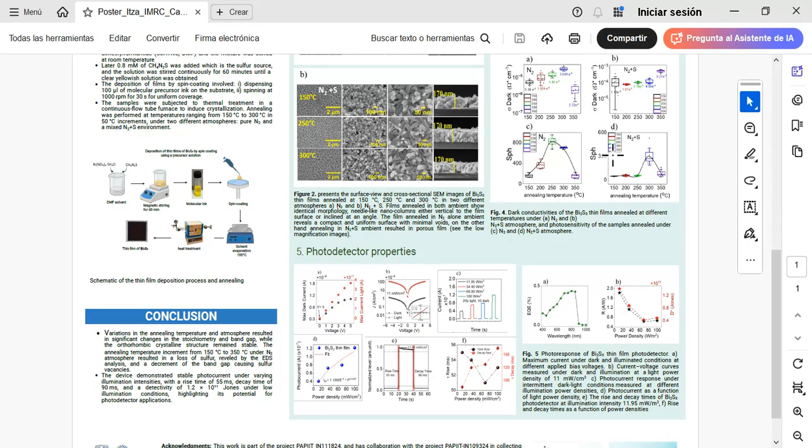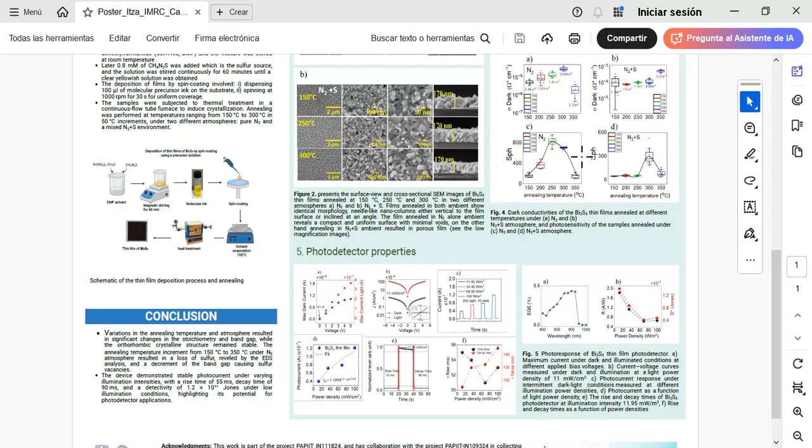The photosensitivity of annealed films increased with temperature up to a certain point, regardless of the annealing atmosphere, and then decreased at higher temperatures. Notably, the films annealed in nitrogen only atmosphere exhibit superior photosensitivity.